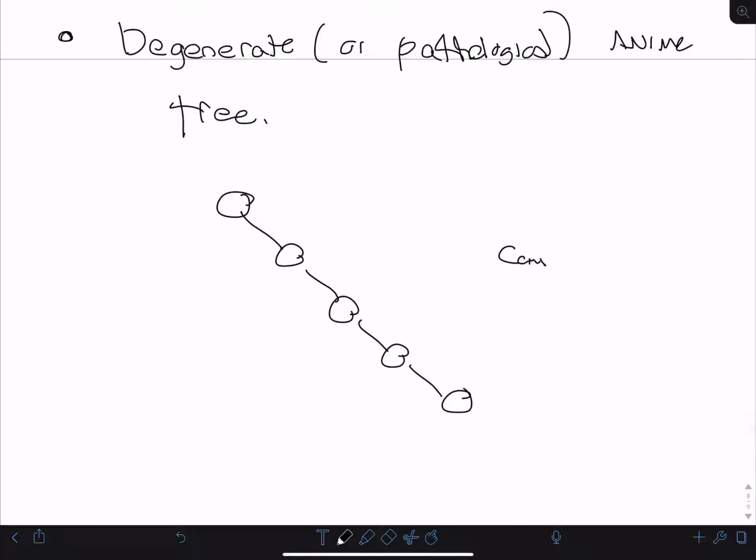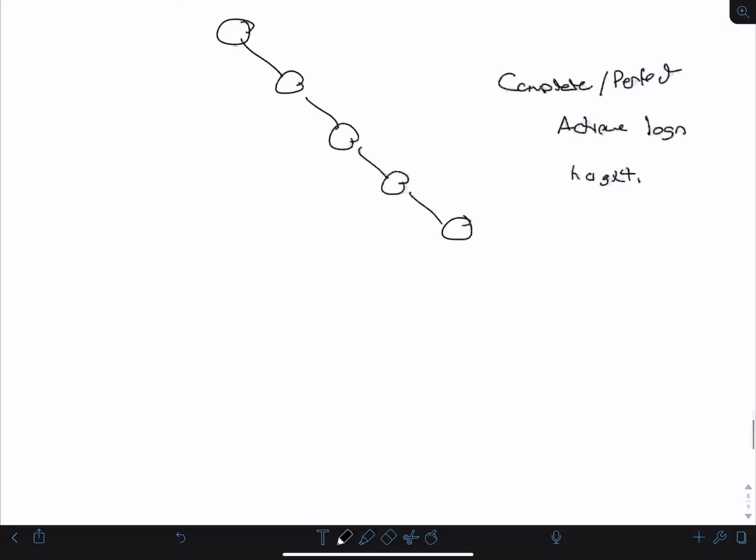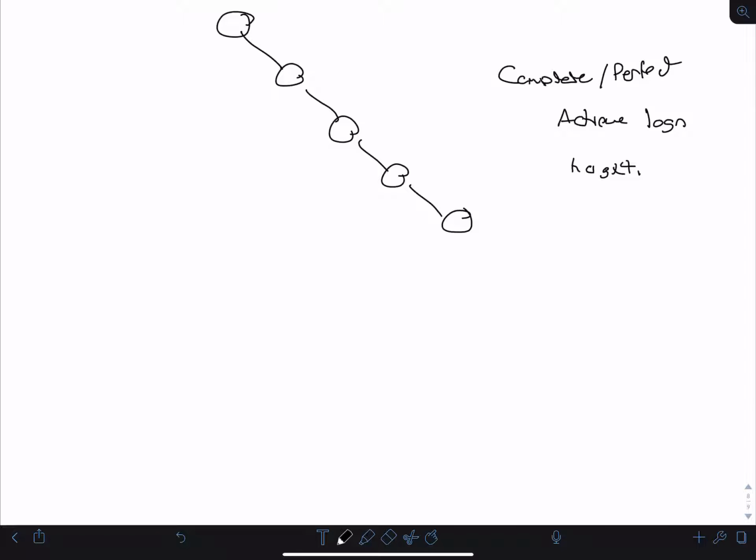So, complete and perfect achieve log n height, plus or minus 1, whatever. A degenerate tree is going to be n height, which is basically a linked list, which means that if we're searching or inserting something, it's going to take n time, and you lose all of the advantages that you gain from your binary tree. So you don't want your trees to be degenerate, basically.